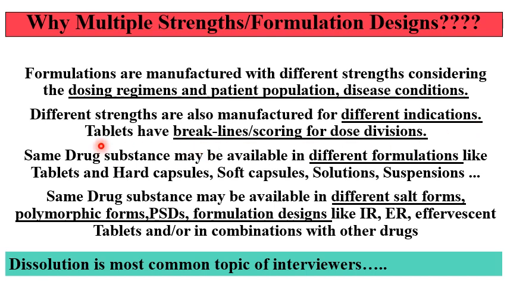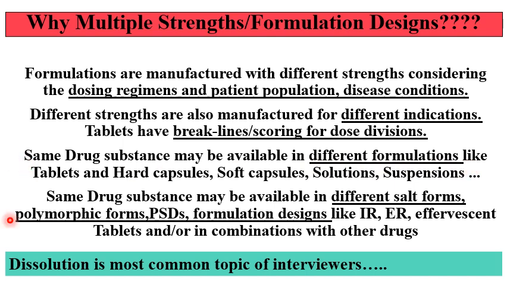Then sometimes the tablets have break lines or functional scoring for dose divisions. That means a tablet of higher dose is manufactured and a score line is given onto the tablet so that the patients can divide and take the tablet. So the same drug substance may be available in different formulations.